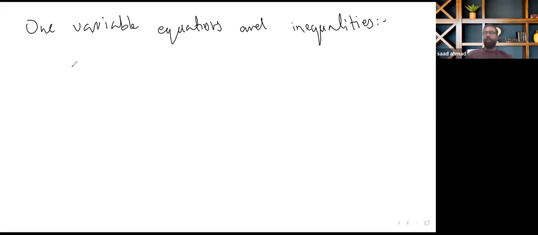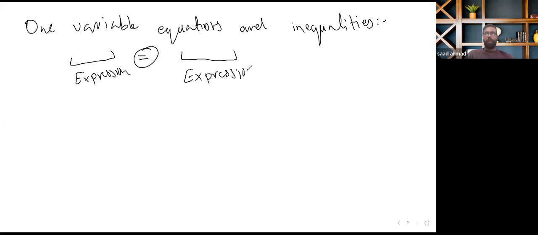Last time we did the equations and the inequalities, we saw different types of equations, not the inequalities, but the equations. So an equation is one in which we have two expressions, one expression here, connected by the equal sign, and we have another expression here.